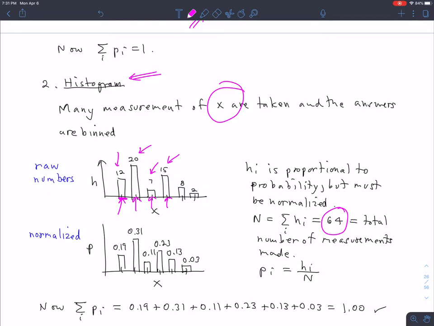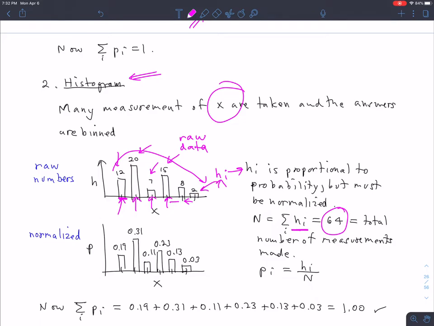Those bars just represent the number of times each x value fell into particular bins in my histogram. But obviously these bars are the raw numbers or the raw data, and they don't add up to 1, right? These are the h sub i's, histogram bar number i here.